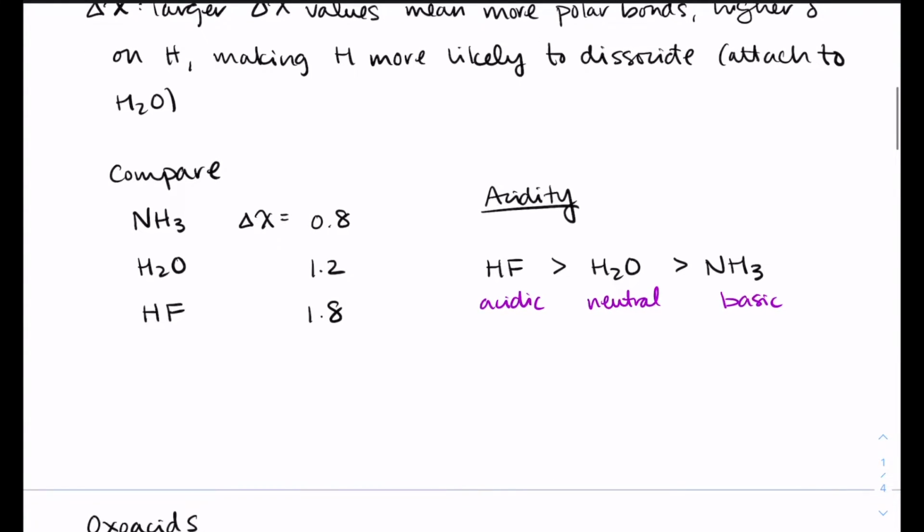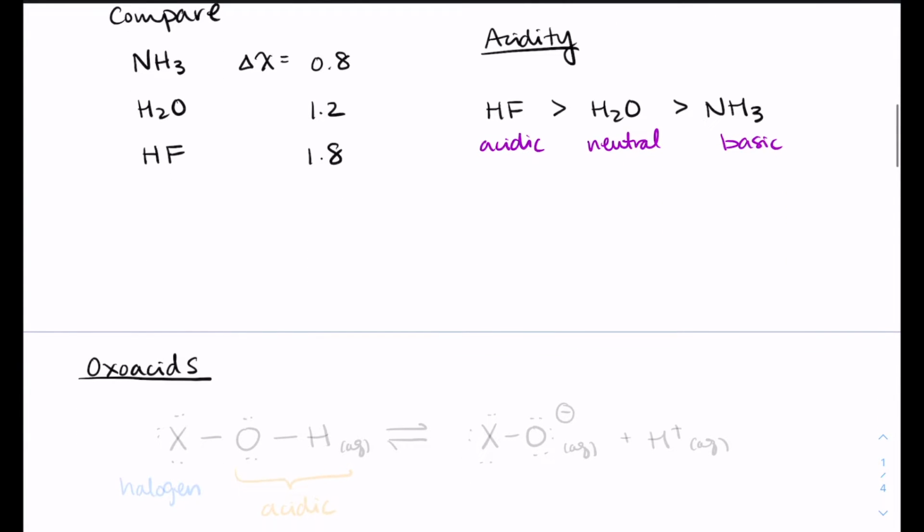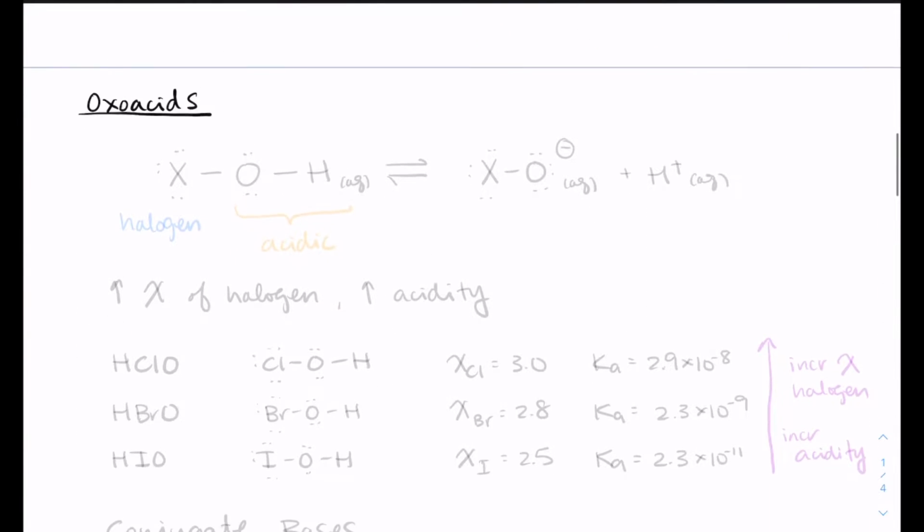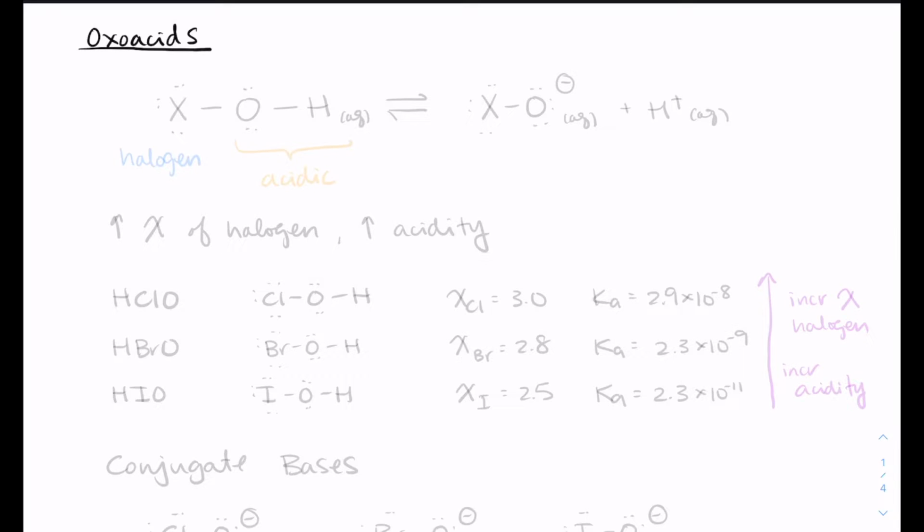We also see some electronegativity differences coming up in the oxo acids. Now, these are like some of the oxo acids that we have looked at. We've also looked at the ones that have more oxygens. In something like an oxo acid, what you will have is a halogen connected to an oxygen, and the oxygen is connected to a hydrogen. The oxygen-hydrogen bond is the acidic bond.